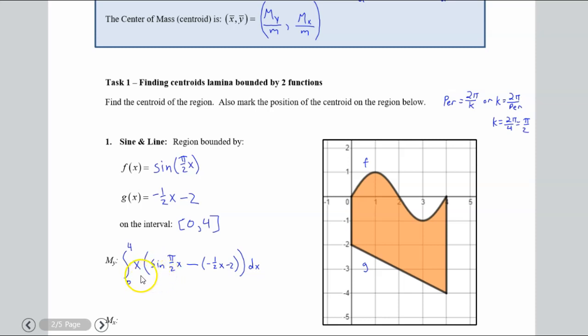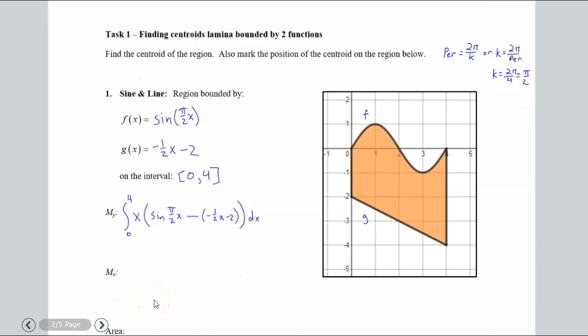So we're going to save some time and put this into Desmos to get an approximation. We'll do that in a second. Same thing on this one. Here we have integral 0 to 4, and we're basically going to do f squared minus g squared. Don't forget the half in front.